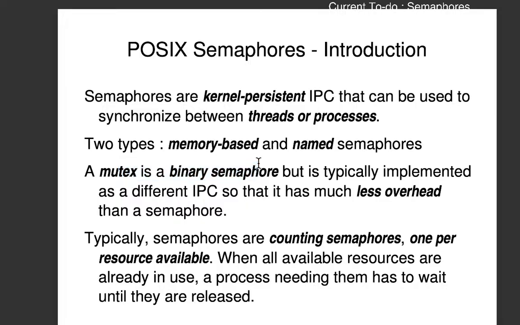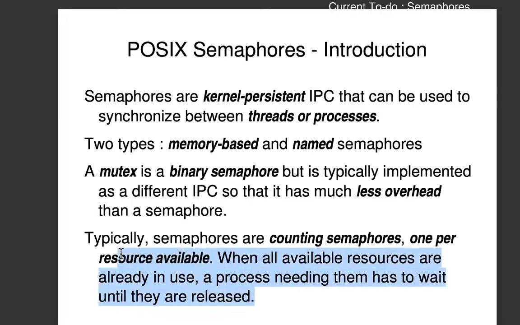Semaphores are a kernel-persistent IPC that can be used to synchronize between threads and processes. There are two types: memory-based and named semaphores. Typically, semaphores are counting semaphores, one per resource available. When all available resources are already in use, a process needing them has to wait until they're released.